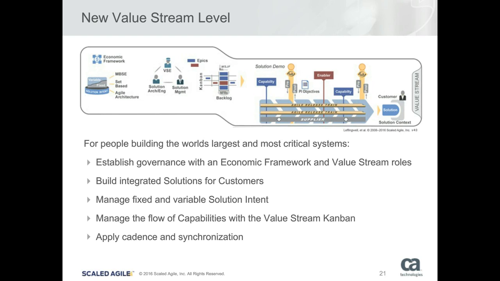Absolutely. I guess one of the things I wanted to bring out about the value stream as well is that value stream has always been there, obviously. That's kind of how SAFe always organized around value. One of the things we saw in 3.0, which was a bit of a risk of a failure case, was when you had several collaborating ARTs who would push decisions up into the portfolio level, which perhaps could be made at a lower level.